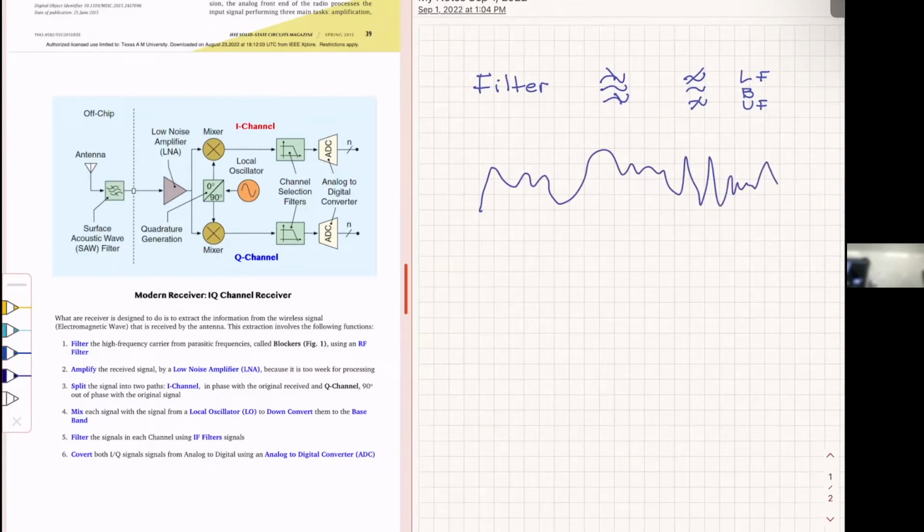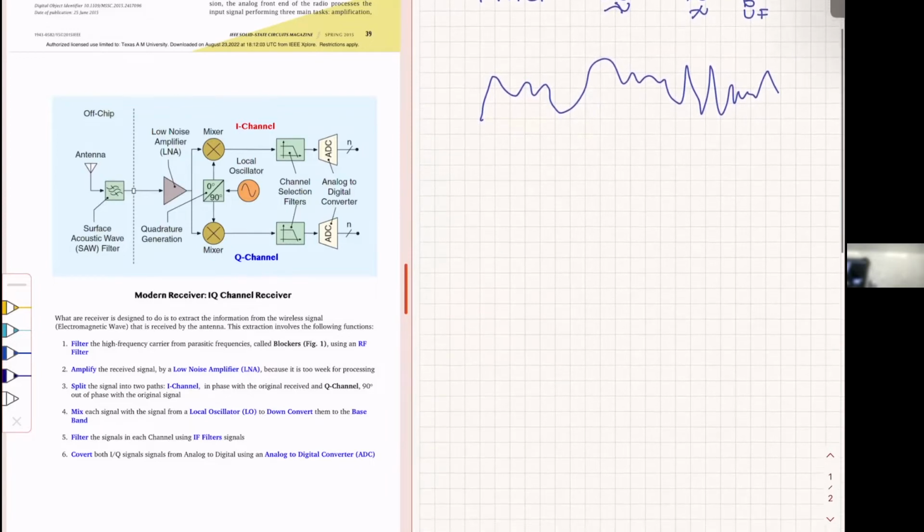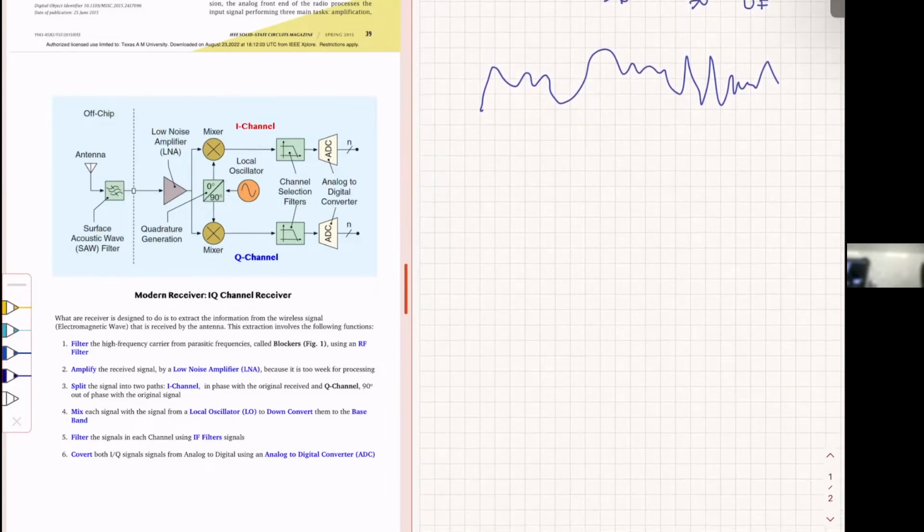But in the frequency domain, the signal is going to be centered around the frequency of the carrier. So if your carrier is 5 gigahertz, for example, and we call it F sub C, then the signal you're going to receive is going to be something like this in the frequency domain.